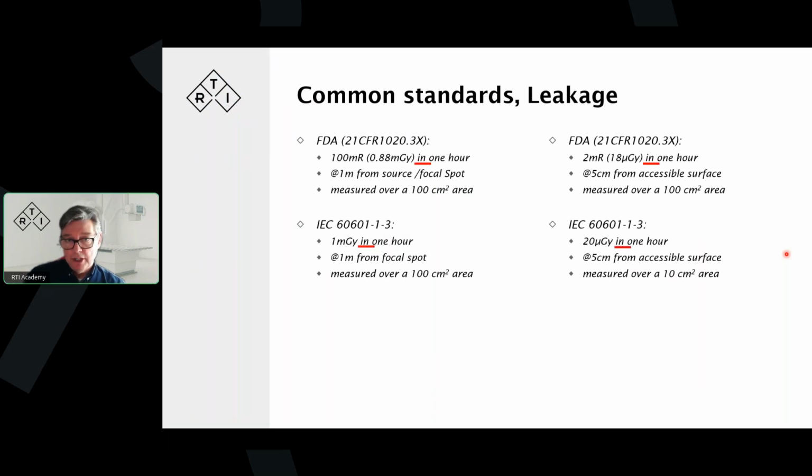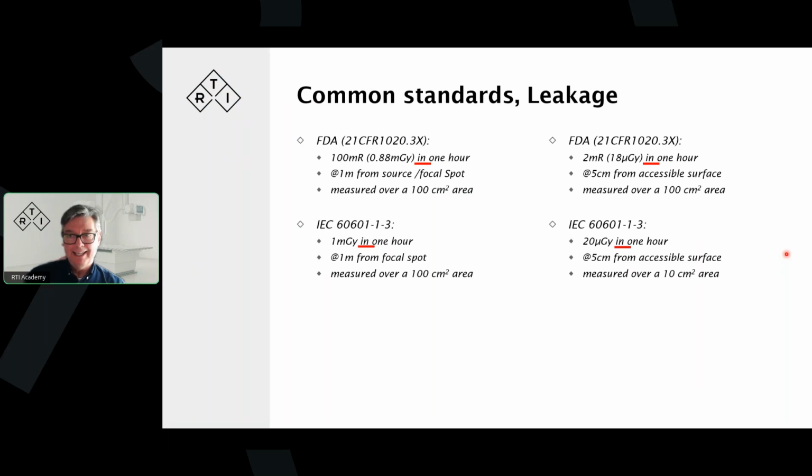The key word here is in 1 hour, not per hour, in 1 hour. That's very significant when we're looking at the peak dose rate data that we're getting from some of the machines.